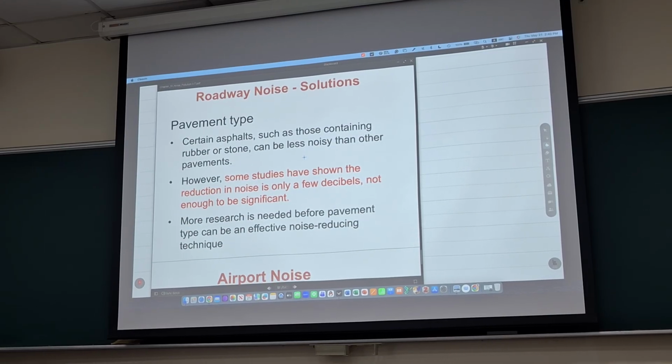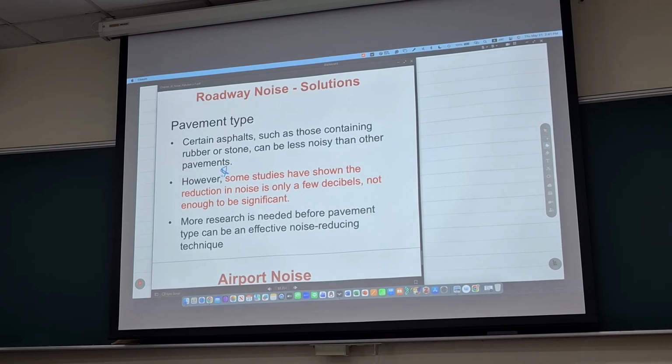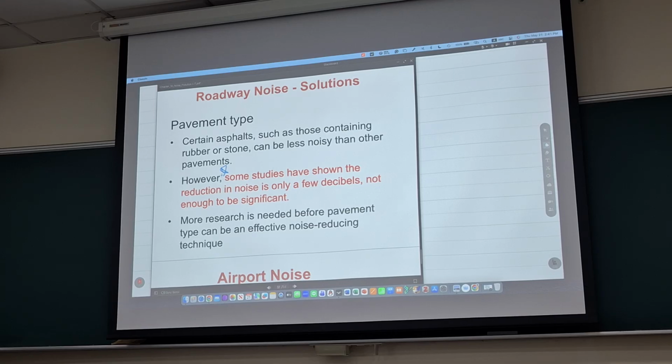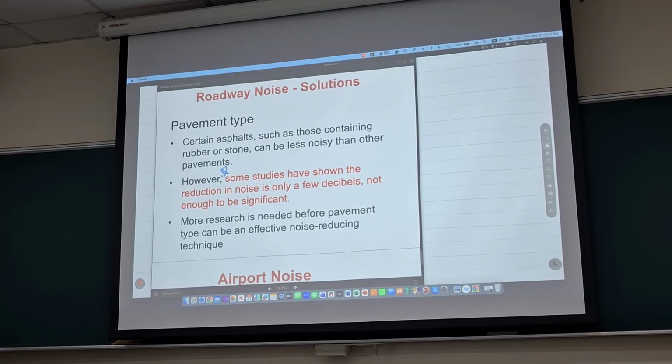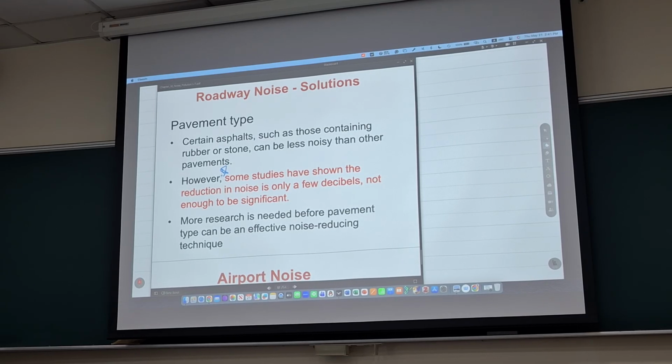You might also use pavement, but some studies have shown that the noise reduction is only a few decibels, not enough to be significant. So it's not really working.